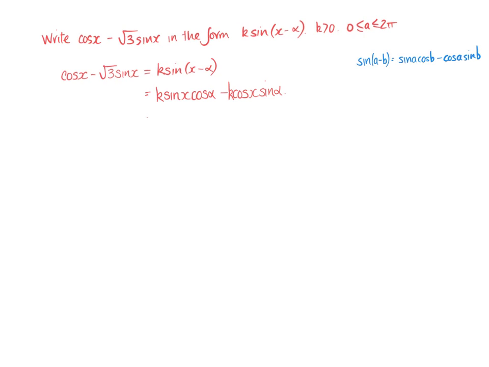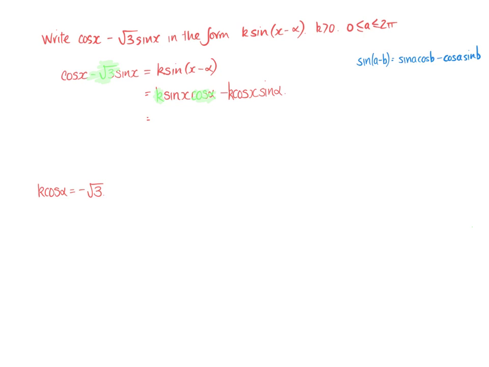So this time we're equating. So if we look here in our first one, we've got our sine x and we've got our k cos alpha in front of our sine x. So that means that k cos alpha is equal to this, which is our minus root 3. So we're going to have that, put it down here, k cos alpha is equal to negative root 3.